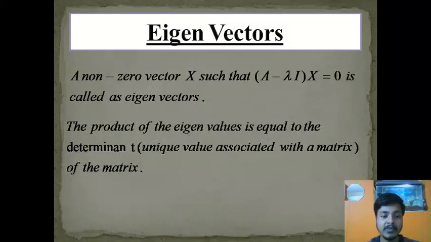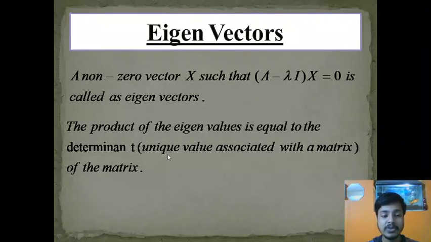Next, one remark about the eigenvalues that I have left: the product of the eigenvalues is equal to the determinant of the matrix, where the determinant is a unique value associated with the matrix. So we have these remarks about the eigenvalues, the determinant and the trace.